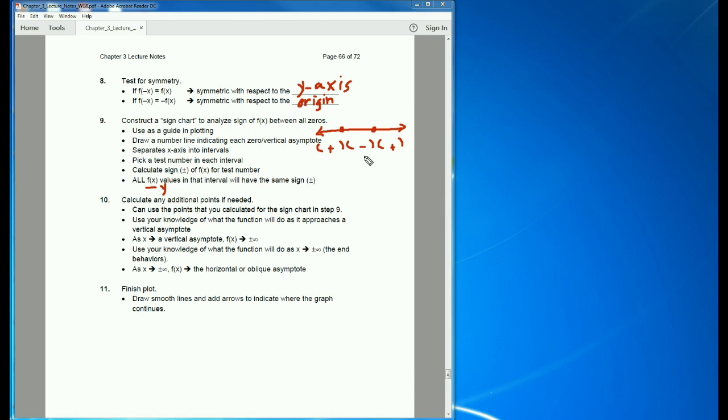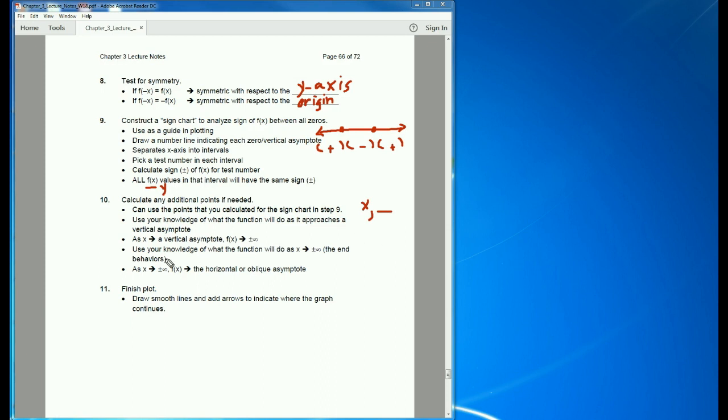And then, if needed, if you're still not certain what the function is going to look like, then you can just calculate some additional points. Just a little bit of point-by-point plotting. You can pick values of x and then calculate the corresponding values of y.